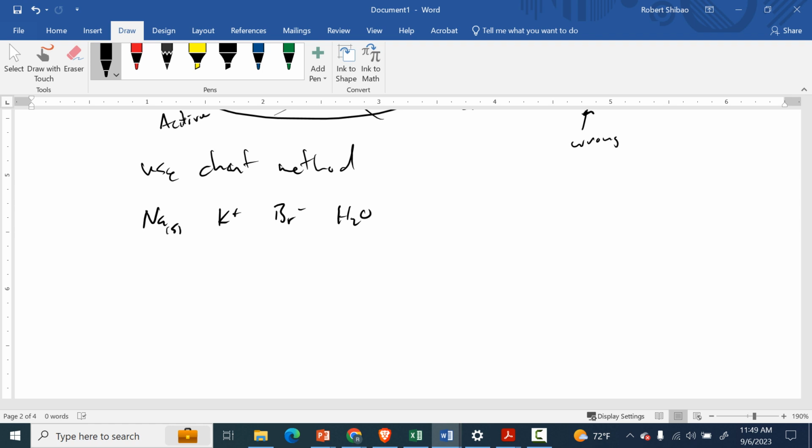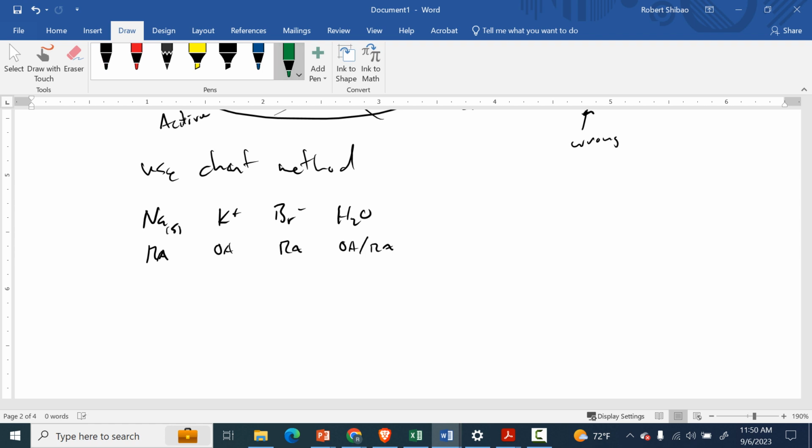And so sodium ion is very unreactive. However, sodium metal is extremely reactive. This is a powerful reducing agent. Potassium ions are extremely weak oxidizing agent, second weakest on the chart. Bromide is a pretty decent reducing agent. Water is both an oxidizing agent and a reducing agent.